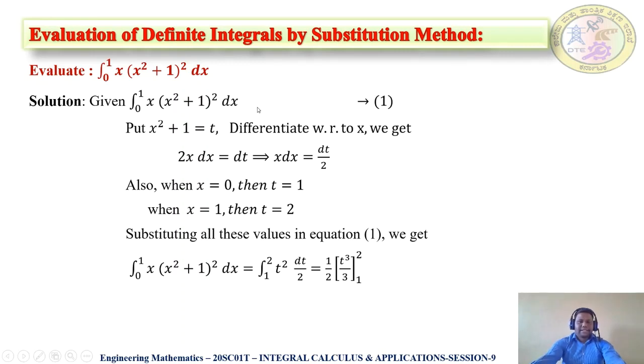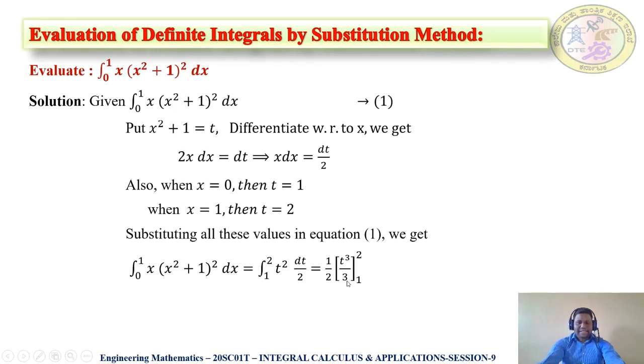That's why x dx is equal to dt divided by 2. So after substituting, you can see 1 by 2 is constant that we can take outside. Then integration of t square is t cube divided by 3, and the limits are 1 to 2.